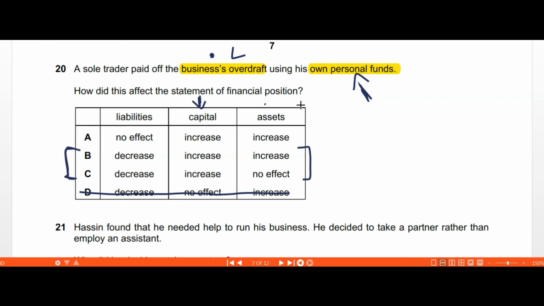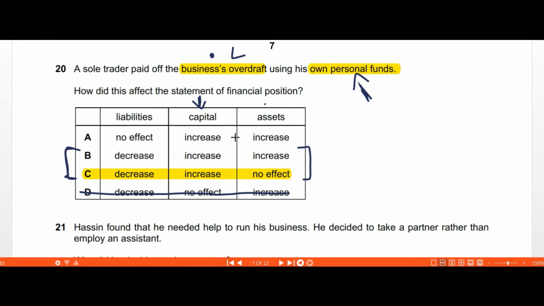The assets will not be affected. Why? Because when he is bringing money into the business, that money is not going into the bank account as a positive balance. That is actually going into the bank account to cover up the negative balance that was there because of that overdraft. So we can safely choose option C.